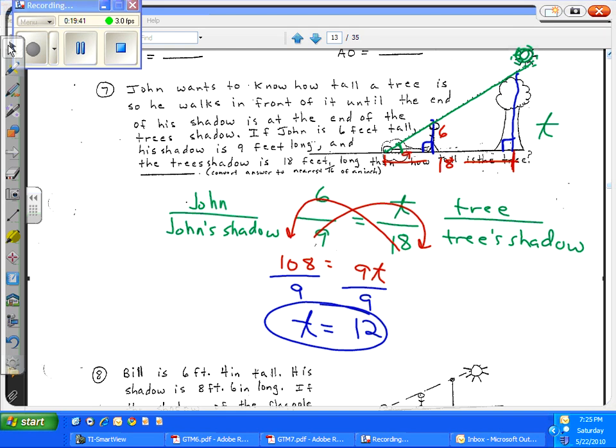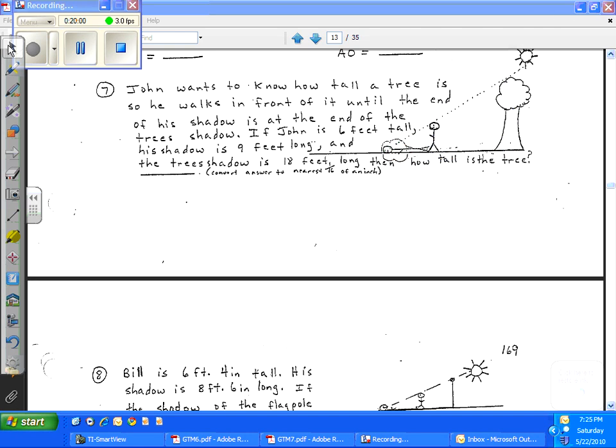And you may say, well, I could have made equivalent fractions up here. 9 times what is 18? 2, so 6 times 2 is 12. Correct, you could make equivalent fractions. That would be kind of like scaling up, wouldn't it? Any questions on that? Okay.